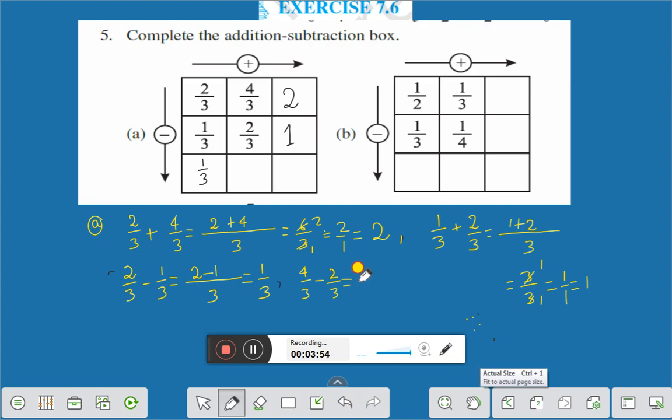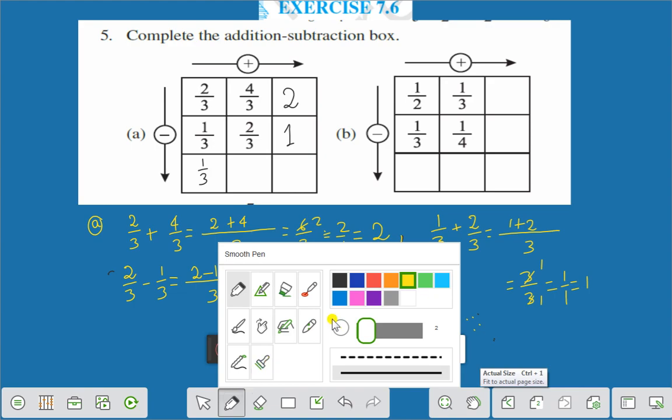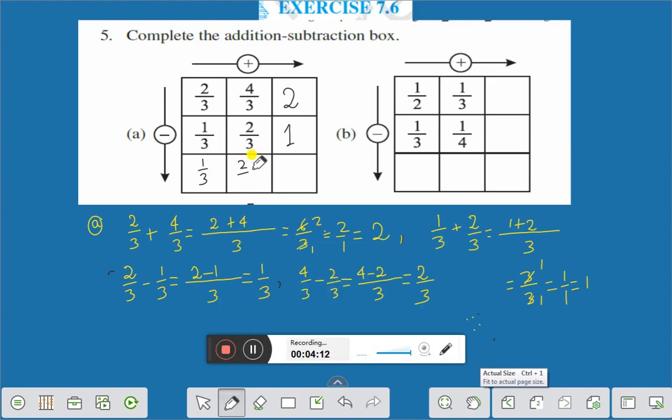The LCM is 3. 4 minus 2 is 2 by 3. So the value here is 2 by 3. Let us write the value as 2 by 3. Now we got two answers.